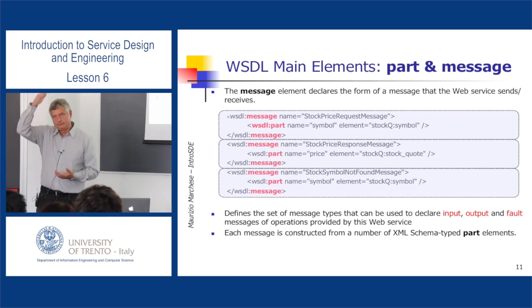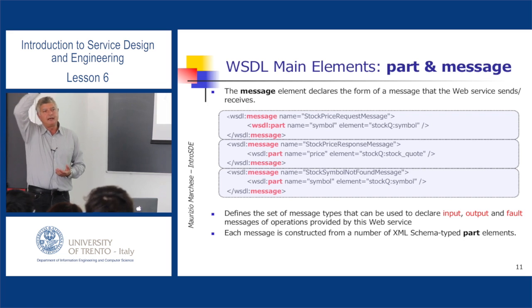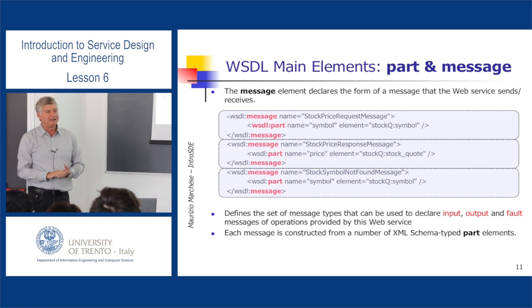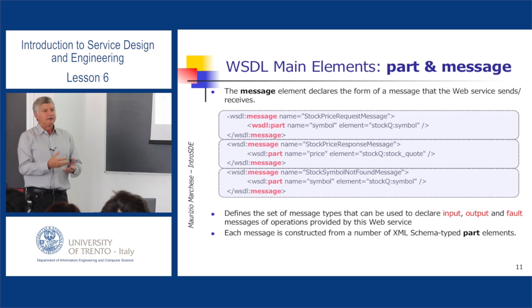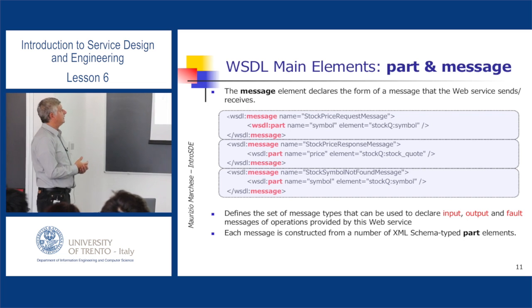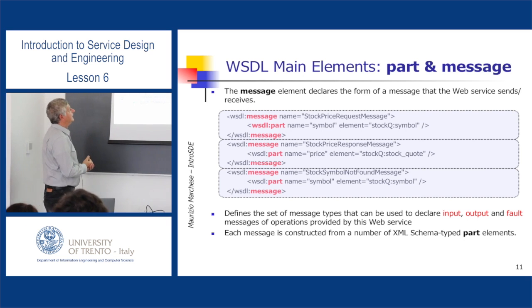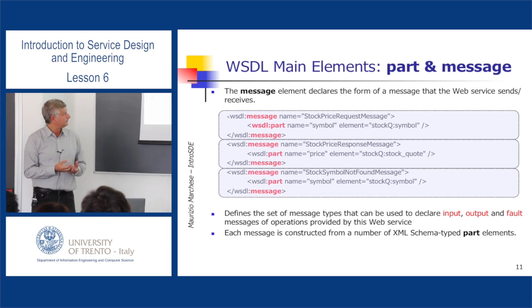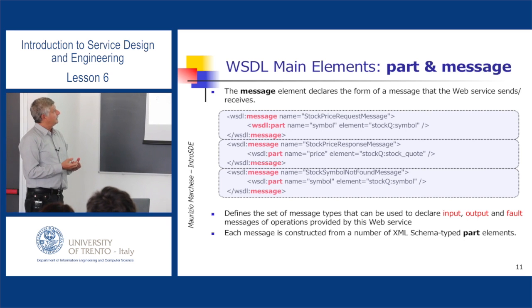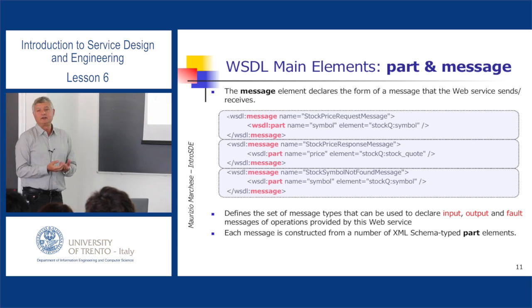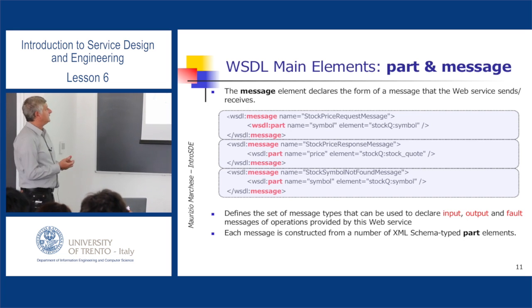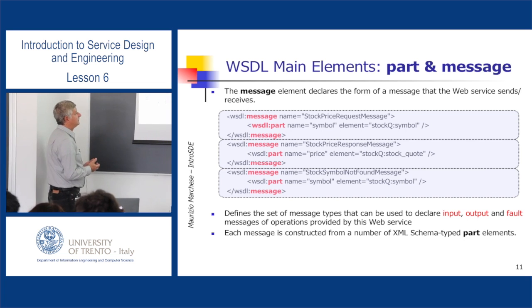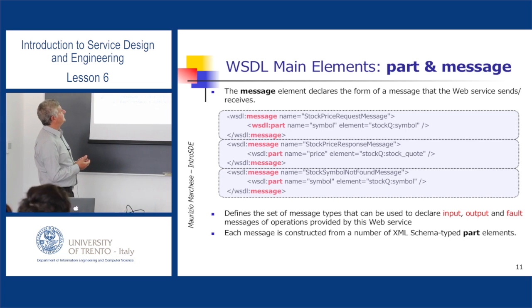Next, if you remember, the types were not even in the original figure. These are really very low-level elements. The first things that you have on top are the parts, and these are considered as you are essentially describing the messages that you are going to use in your services. Here there are, for this particular example, three types of messages.